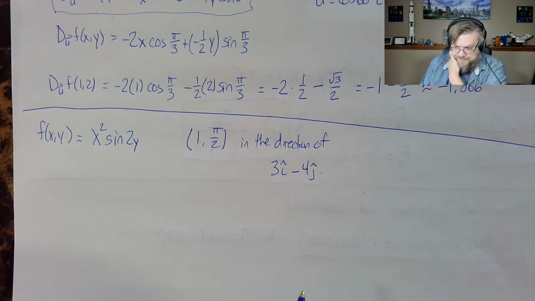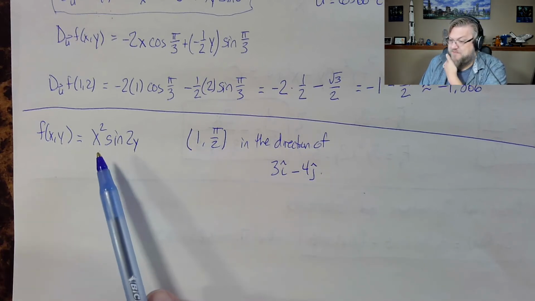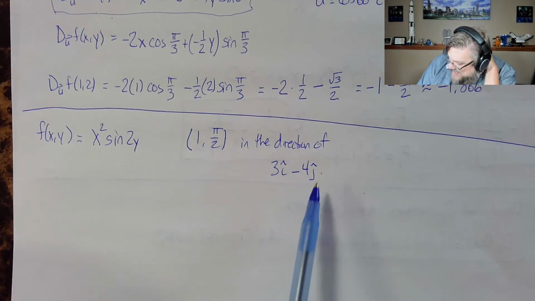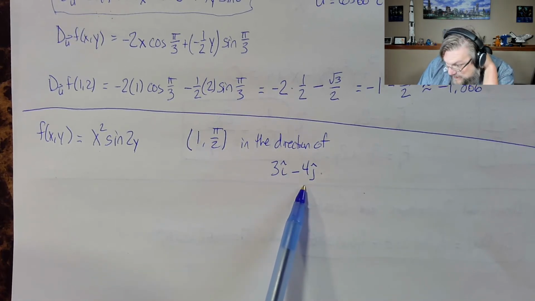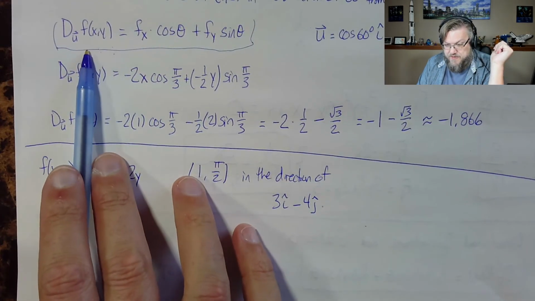Okay. So we have all of our pieces here. We have the surface described, we have the point at which we care about, and then we have a direction to go in. Right? So now I'm thinking about my formula, the directional derivative formula.